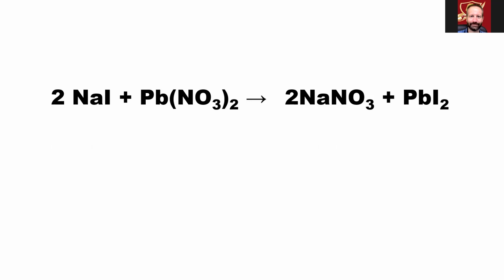Add that to I, which we're going to call 127. So add that up. And then what should you do to it? Multiply it by 2. Yes, because there is that 2 in front of the NaI. So 1 Na, 23, plus 1 I, 127, times 2.